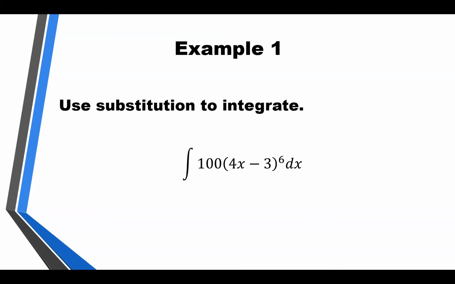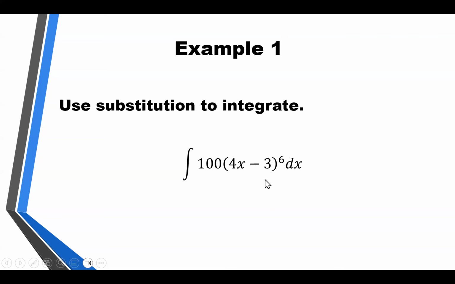So let's go ahead and do that with this example. Use substitution to integrate 100 times the quantity 4x minus 3 raised to the 6th power with respect to x. So this is an indefinite integral integrated with respect to x.